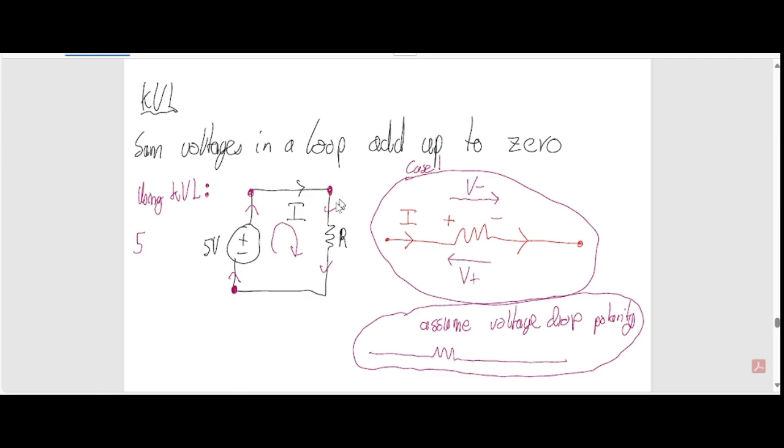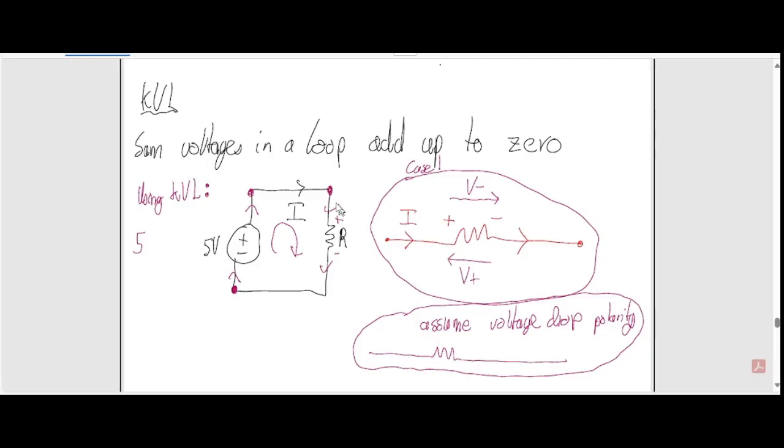Let me just write it down. This here is normally the consensus: current going through a resistor, the voltage drop will be negative, right? Because this pattern has to be plus here and minus here.